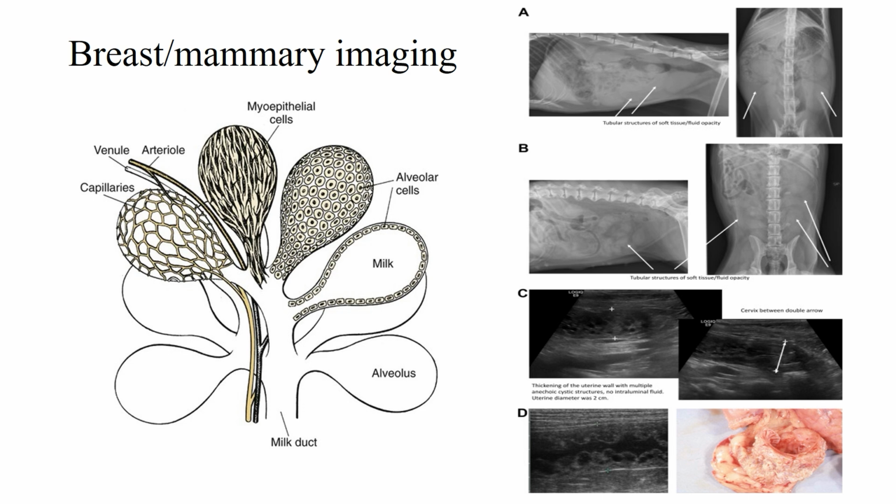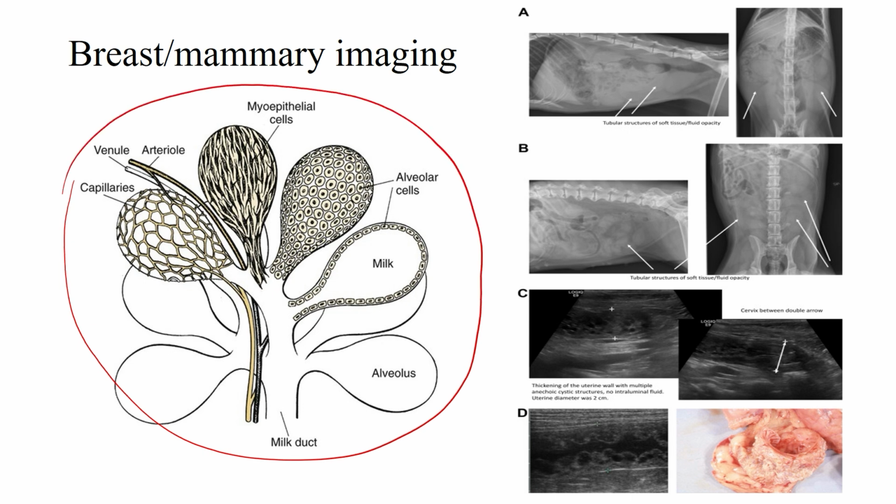The one which deals with the mammary glands or the breast, as you can see in this mammary gland, is basically a gland which has different sets of capillaries, arterioles and venules. There are different kinds of cells like myoepithelial or epithelial cells, and the fat cells.